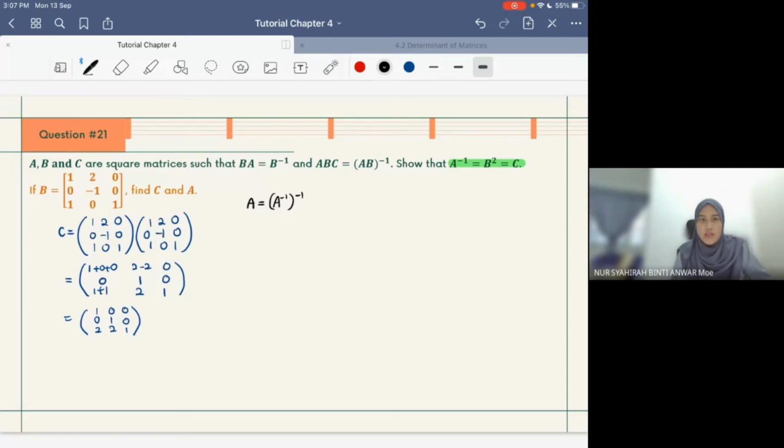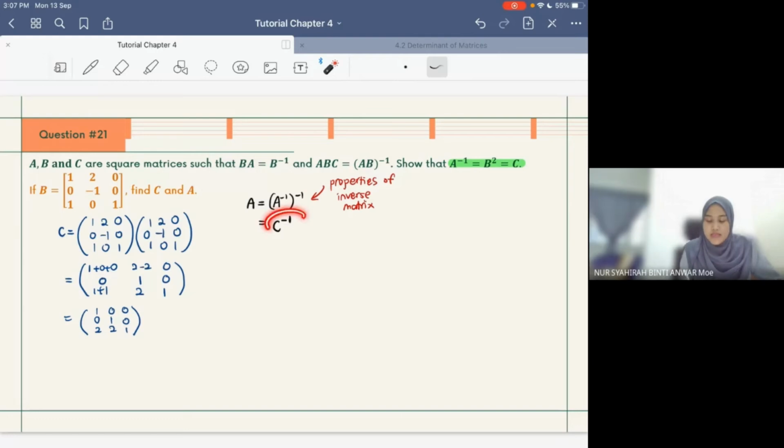Okay, if we inverse an inverse matrix again, we will get A. So that means A inverse is our C. So we will inverse C, using the properties of inverse matrix. Okay, so now our aim is to get C inverse, and that C inverse is A.